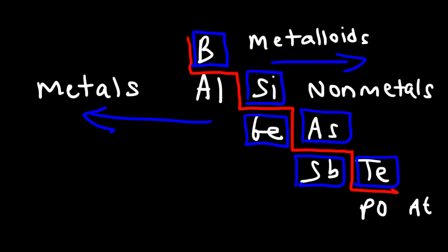But on a typical test, the two metalloids that you really need to be familiar with are germanium and silicon. Those are the most common ones that you'll be tested on. But everything to the left of that are metals, and to the right of that line are nonmetals. And so that's how you can easily tell if an element is a metal or a nonmetal. You need to be familiar with the periodic table.